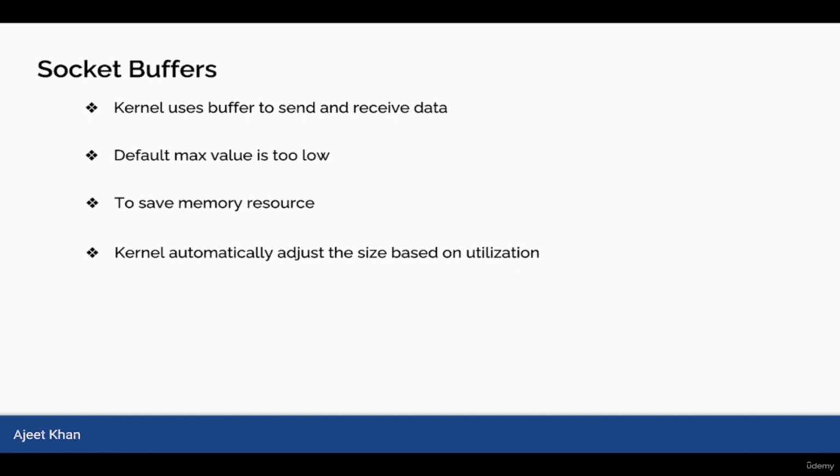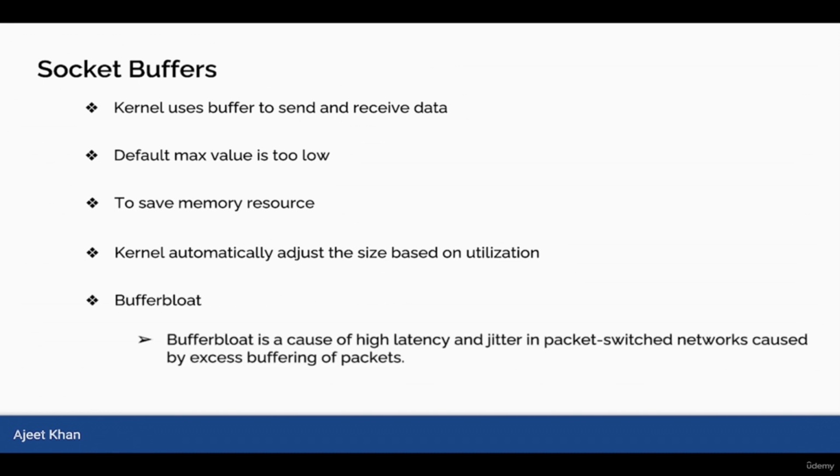By default, the kernel sets the value to 128 KB, and setting this value too high will cause buffer bloat. Buffer bloat is a situation which results in high latency and jitter in packet switched networks because it is buffering an excess amount of packets. So it is also not desirable to set the value too high, otherwise it will have the issue of buffer bloat.